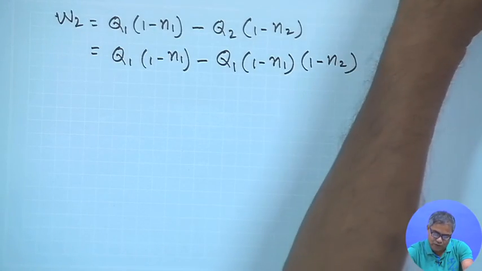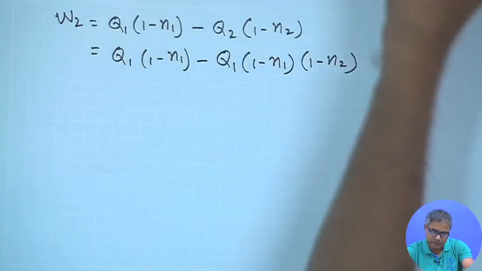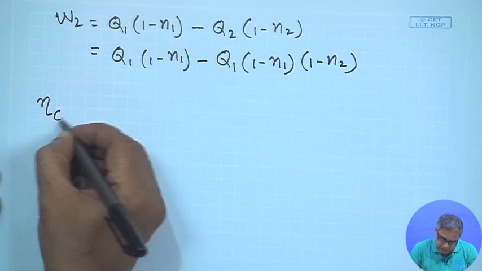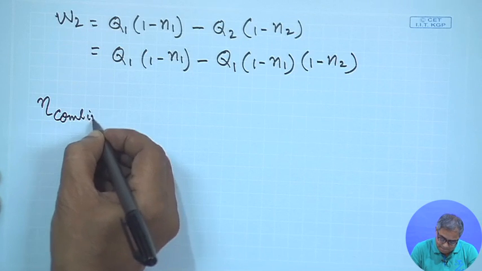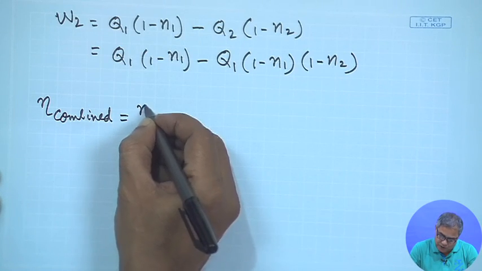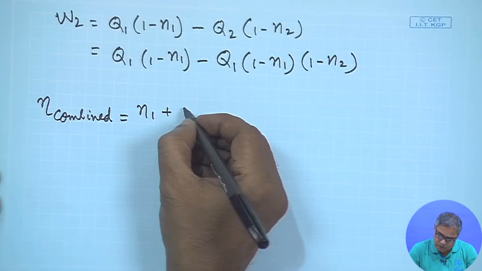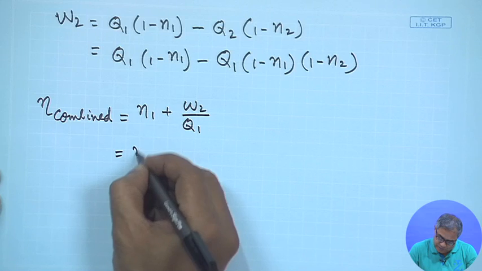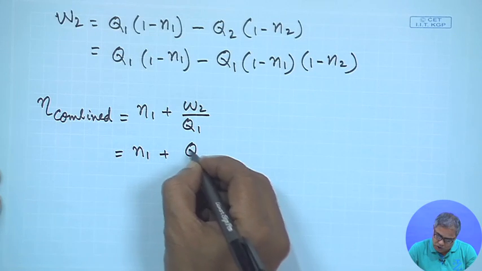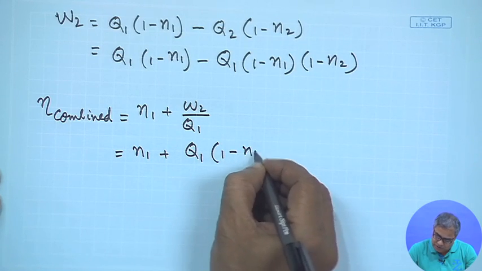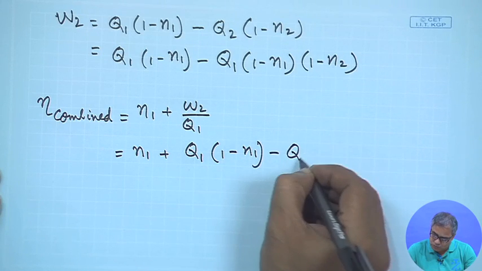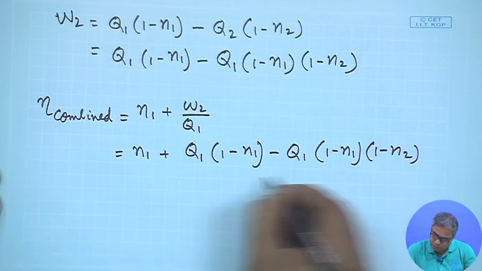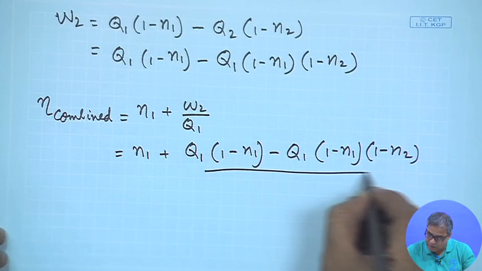So, let us go back to our previous derivation. Eta combined is equal to eta 1 plus W2 by Q1. So, this is eta 1 plus Q1 into 1 minus eta 1 minus Q1 into 1 minus eta 1 into 1 minus eta 2, divided by Q1.